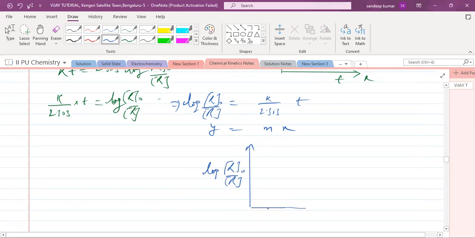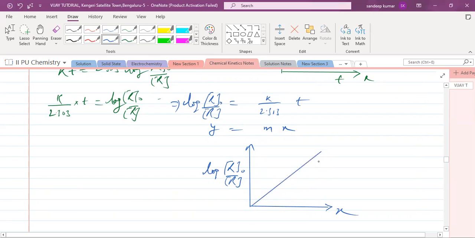You can see here, slope is k upon 2.303. So the graph is like this.